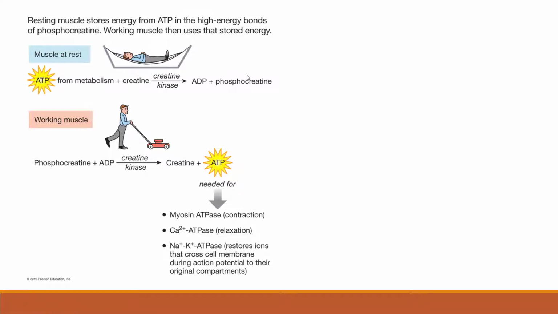So phosphocreatine is a storage form of ATP. And as soon as your ATP levels start to drop, the reaction reverses. The favorability is towards the other direction. That is, extra phosphocreatine combines with ADP and creates creatine.